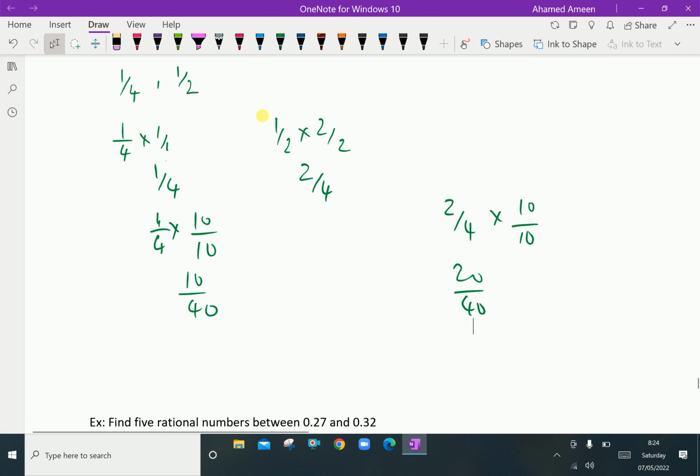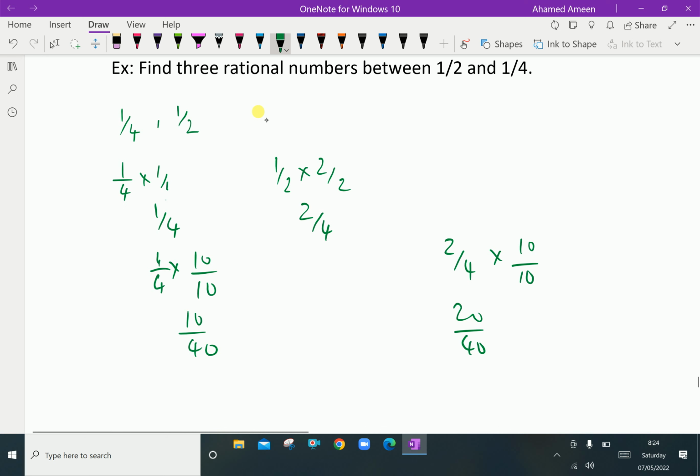So we can insert easily between these two numbers, maybe 11 by 40, 12 by 40, 13 by 40. These are three rational numbers between these two numbers.